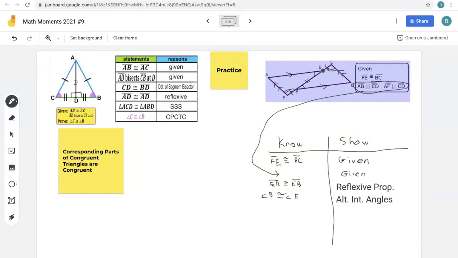If you continued each of these parallel lines out, those angles would be down there. It's just a little odd. So angle C is congruent to angle F, and again, by alternate interior angles.